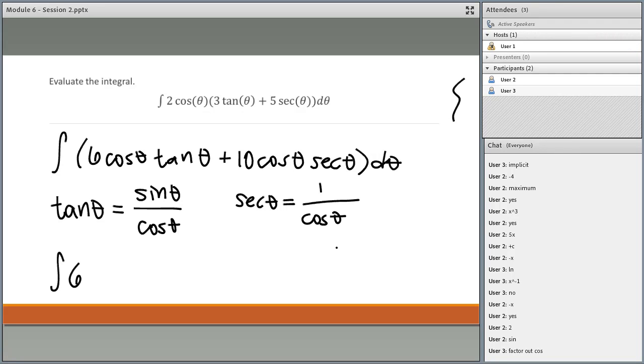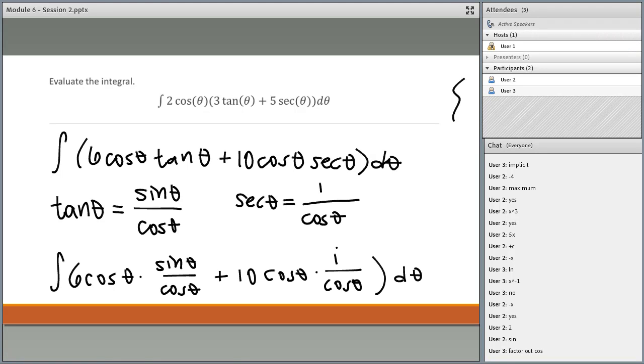And the benefit of doing that is if I rewrite the integral now, what is going to happen? Good. Quite a bit of our term is going to cancel. So the cosine thetas cancel out in the numerator, in the first term, and they also cancel out in the second term.